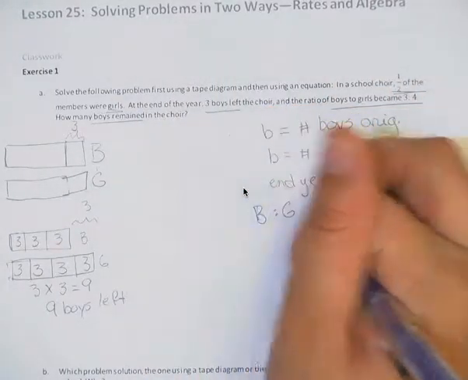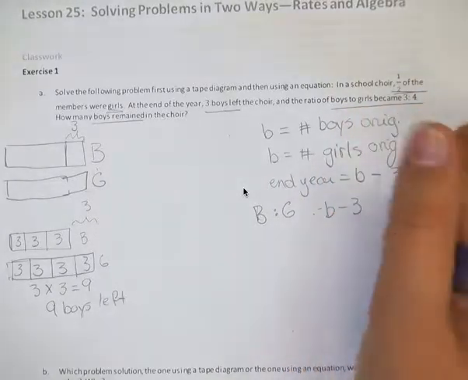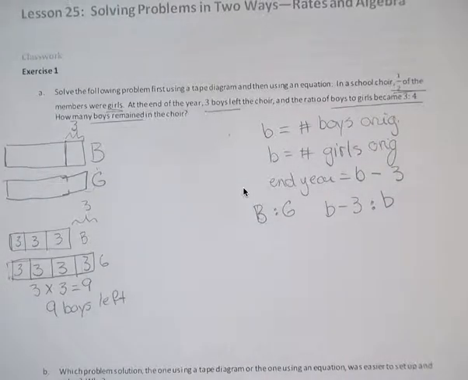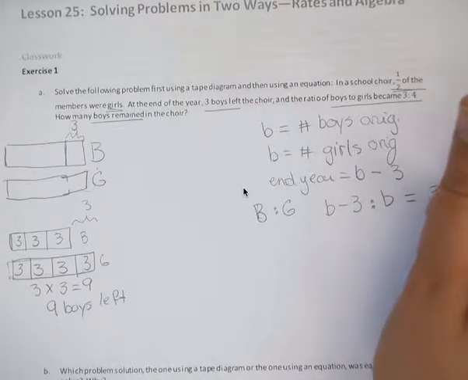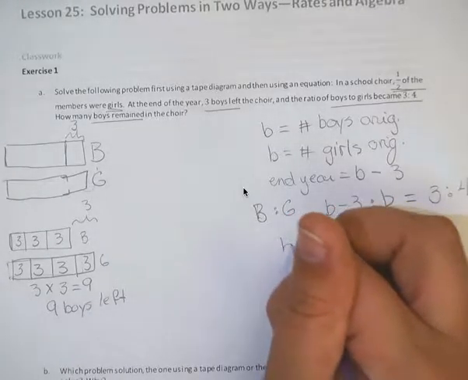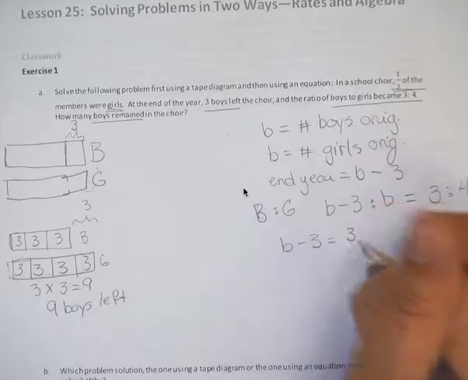Boys to girls was, at the end of the year, the boys take away 3 to the same amount of girls. And we know that this is also equal to 3 to 4. So then we can kind of readjust that algebra. We can look at this as b minus 3 is equal to 3.